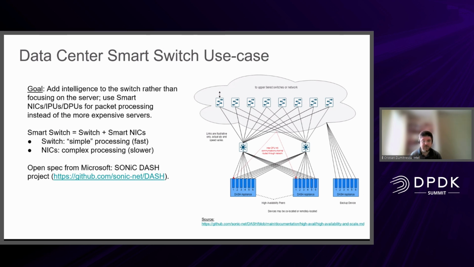So usually a switch is a device that processes a lot of packets very fast, but the processing is simple. And that is also a consequence of the fact that the switch usually, although it has a significant amount of internal memory, sometimes you can also add external DDR to the switch. But usually the tables are reasonably small versus what you could do on a server or on a smart switch where you could add more DDR memory and have bigger tables, more tables.